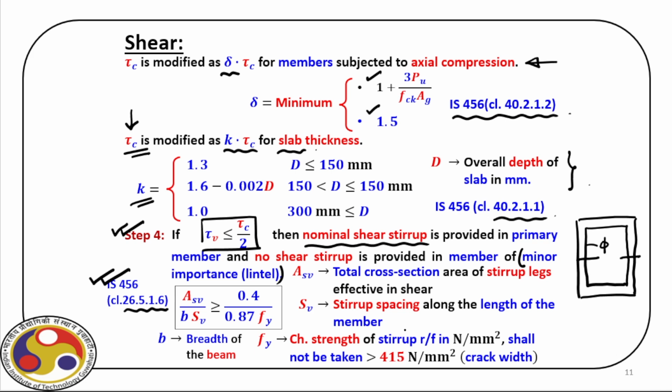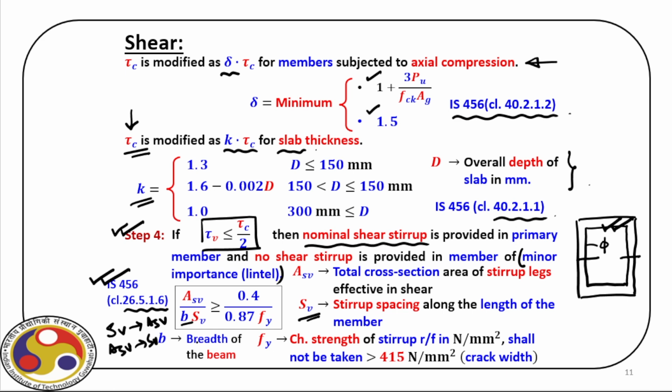Then along the length of the beam, this shear reinforcement will have a spacing that is given by this Sv. So we can evaluate Asv if we fix the spacing from this formula, or otherwise we can evaluate the spacing if we fix the Asv. Either we fix Sv and then find out Asv, or we fix Asv then find out Sv.